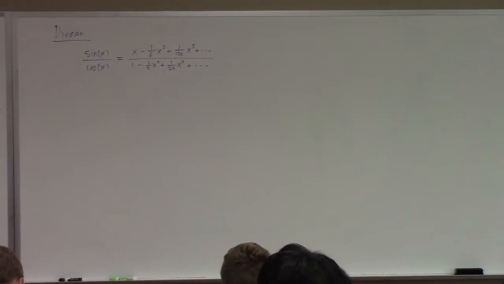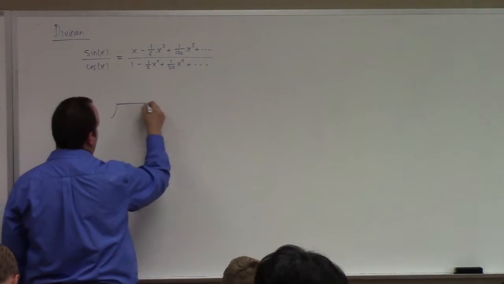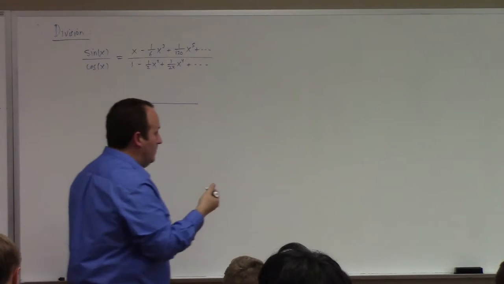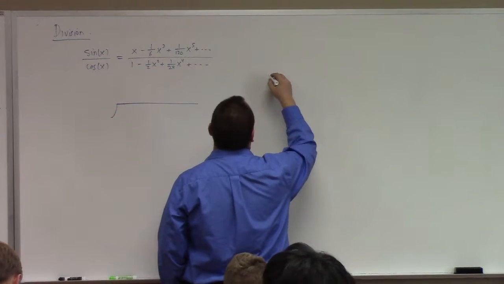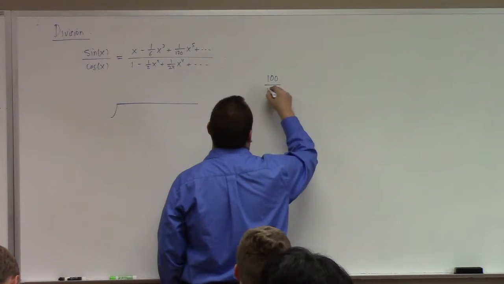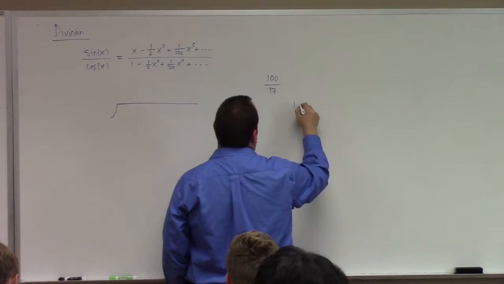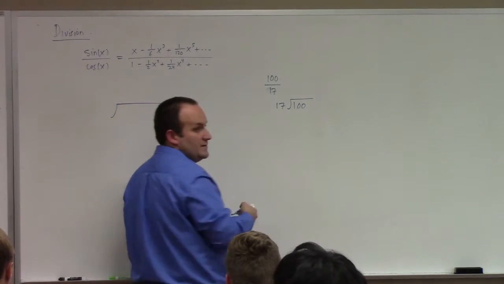Let's try to look at how we do division of series. Just a reminder, if I had 100 and I'm dividing by 17, how do I do it? I put the 100 here, I put the 17 over here, and so forth.